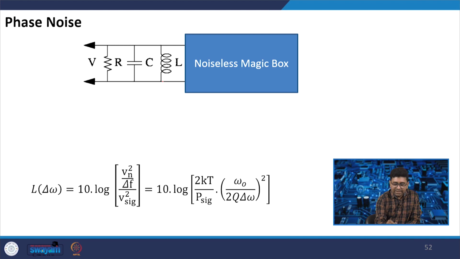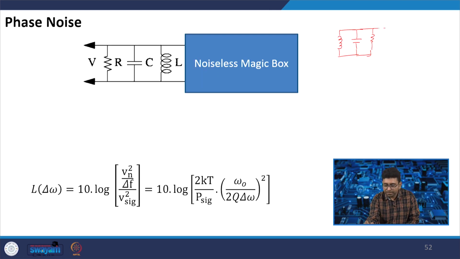So, this is the RLC resonator, and we require an active component which generates the negative resistance. If we consider a noiseless magic box, meaning no noise is generated, and we take the noise out, then if we draw it, this is an inductor, then there is a capacitor, and a resistor.